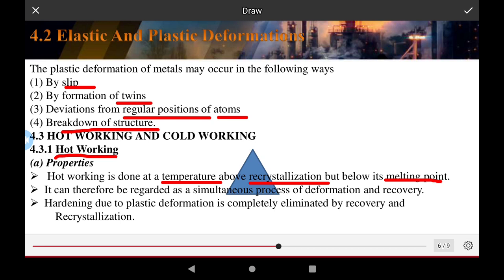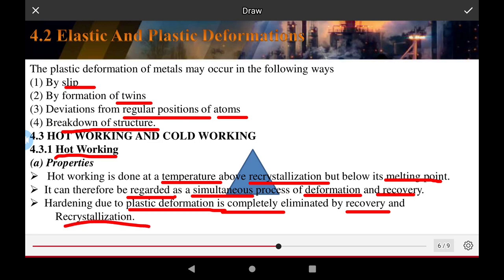It can therefore be regarded as a simultaneous process of deformation and recovery. Hardening due to plastic deformation is completely eliminated by recovery and recrystallization at that temperature.